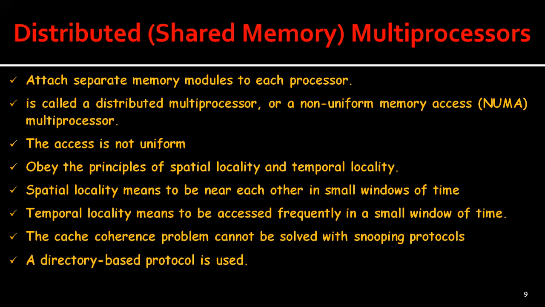This behavior can be used to advantage so that most of the processor's references to memory are to private memory. When shared memory is distributed in this way, the cache coherence problems cannot be solved with snooping protocols, because snooping becomes inefficient for a large number of processors. On these machines, a directory based protocol is used. We will not describe those protocols here.